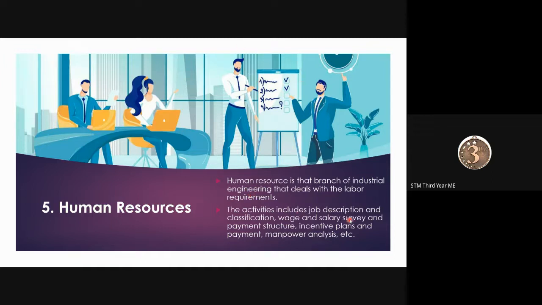The activities included under the department are, as you can see here, job description and classification, wage and salary survey. That is one main point there, wage and salary survey. Then the payment structure, incentive plans, and manpower analysis, etc. These are some of the activities under the HR department, and the human resources is monitored by this HR department. So that is another function.